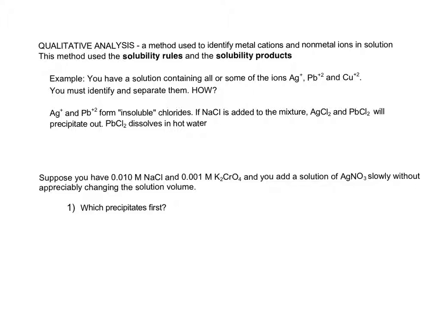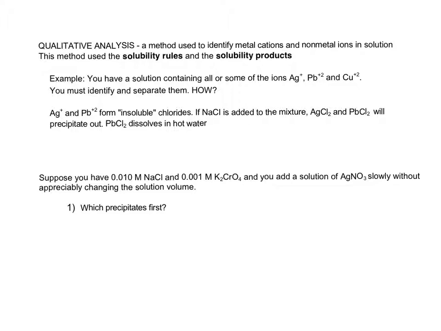So you could, after you separate your precipitate, then heat up your mixture and add a little bit of hot water, and the PbCl2 will dissolve, and then you can separate it from your AgCl solid. So that's a way to identify or separate substances using solubility rules.